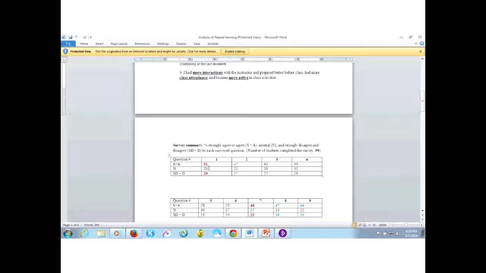So for question number 1, I have 51%. This is a percentage. 51% say that they strongly agree that this flipped learning has increased their reflection and the recall of the knowledge. 47% agree on question number 2.